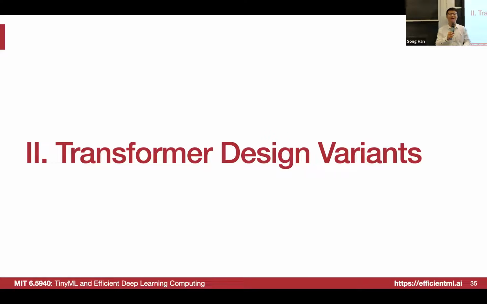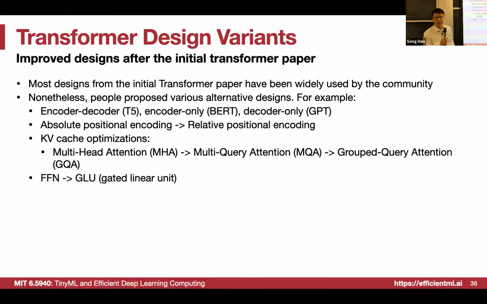All right, welcome back. Let's continue our discussion about transformer design variants. Most of the initial transformer paper has been very widely used by the community, while some of the design has changed.